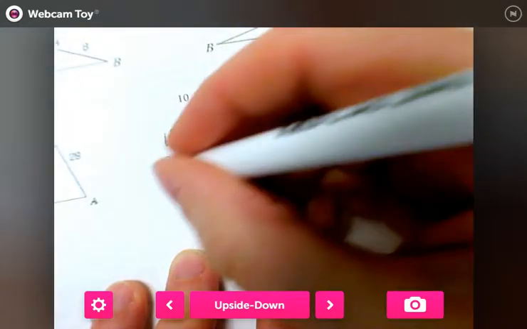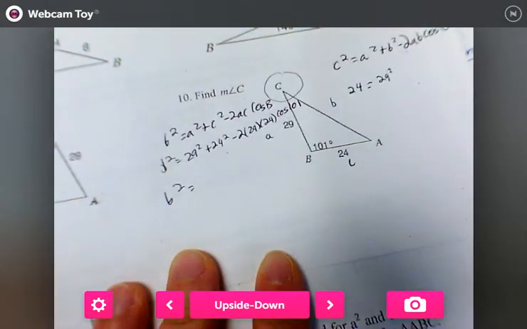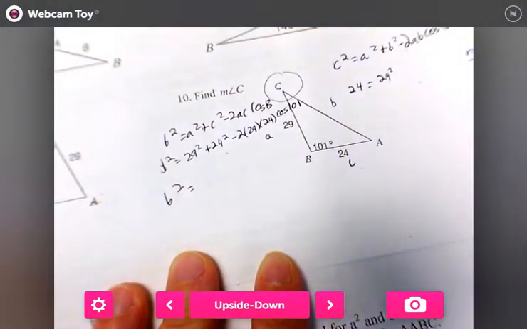Okay? Nice thing about this, again, is we just plug everything on the right side of the equal sign into our calculator all at once. So we get 29 squared plus 24 squared minus 2 parentheses 29 parentheses 24 trig button cosine 101.